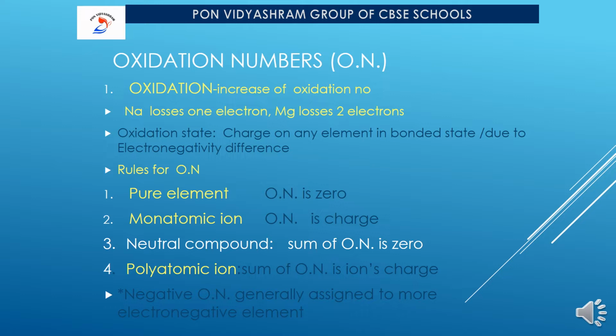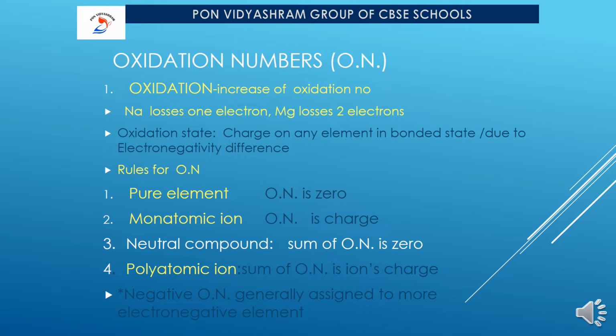Okay. Rules on oxidation. We will discuss a few rules on oxidation number. Already we have studied them in class 11. For a pure element, for example, iron, copper, silver, N2, H2, O2, all have oxidation number 0.